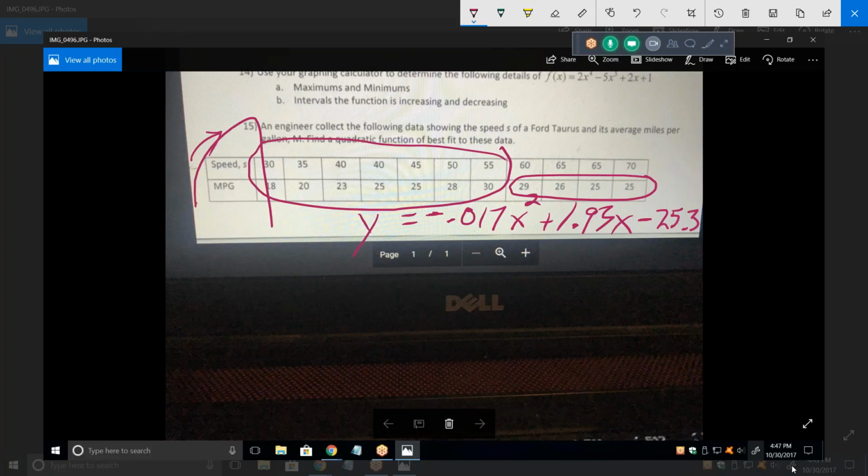In other words, the speed limits used to be 75. And when we had a gas shortage, the government dropped them to 55. All 50 states had to drop their maximum speed limits to 55. Why? Because that used fewer gallons of gas. Notice that's where you get the greatest miles per gallon, at 55.